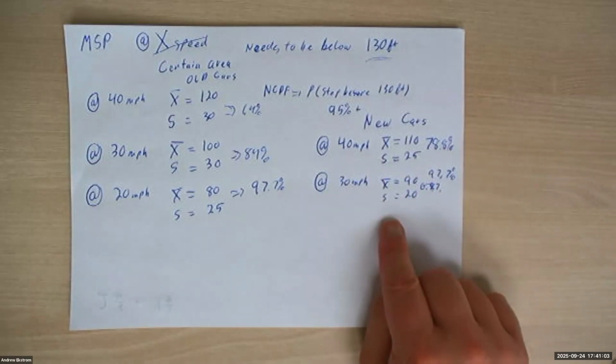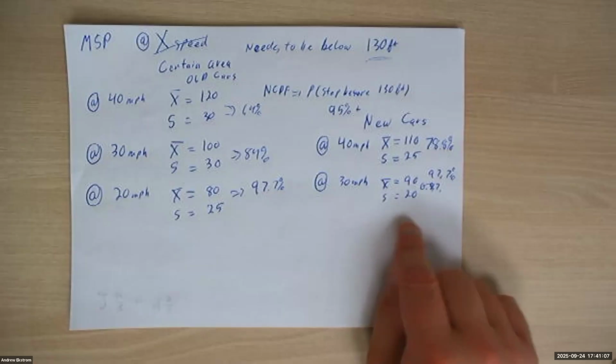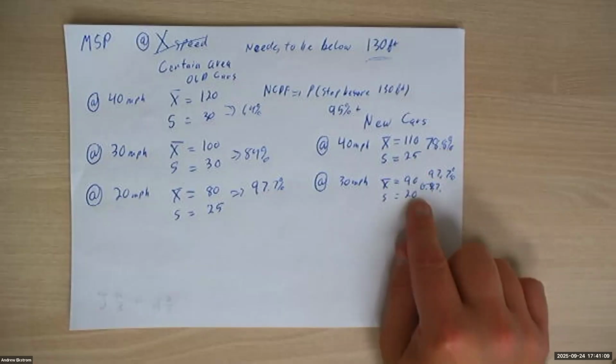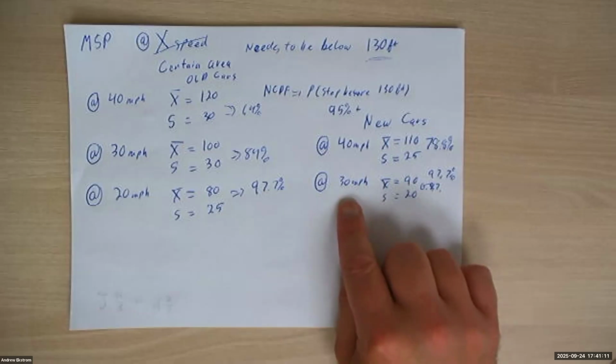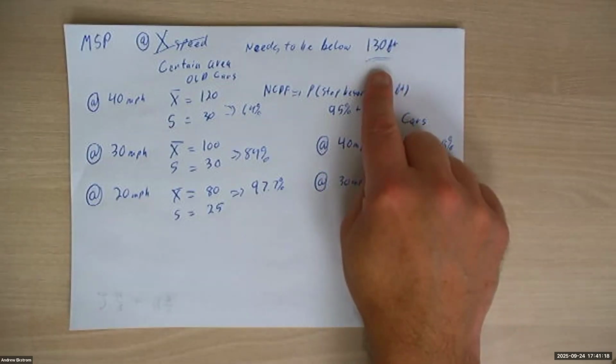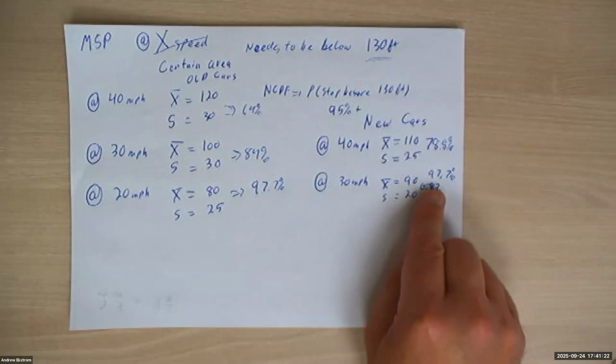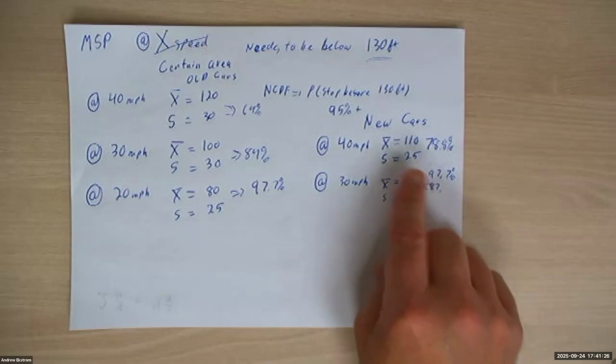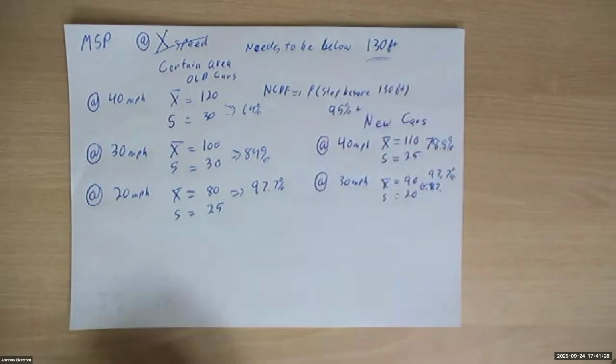Now with newer cars, because they have disc brakes, because they tend to be lighter, we actually find that the new speed limit would be 30 miles per hour, and we're still going to be able to stop within that, or more, sorry, 97.7% of all people are going to be able to stop within that 130-foot braking distance.